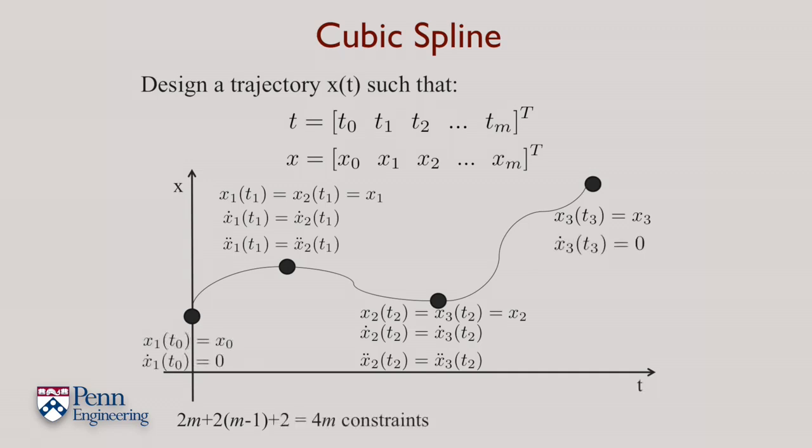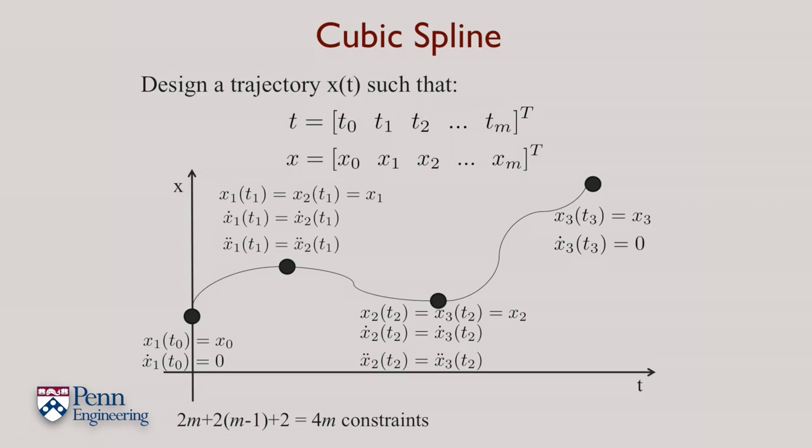And then finally, we insist that the curve starts with a specified velocity and ends with a specified velocity. In this case, that velocity is taken to be 0. That gives us an additional 2 boundary conditions. If I add these up, I get 4m constraints, allowing me to specify the 4m degrees of freedom associated with the undetermined constants.